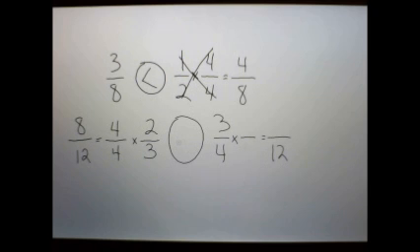On the other side, 4 times 3 is 12. We put the same thing here and get 9 twelfths. Let's cross these out just to keep them out of the way here. We are now comparing 8 twelfths to 9 twelfths. We know that 9 twelfths is larger. So 8 twelfths is less than 9 twelfths.